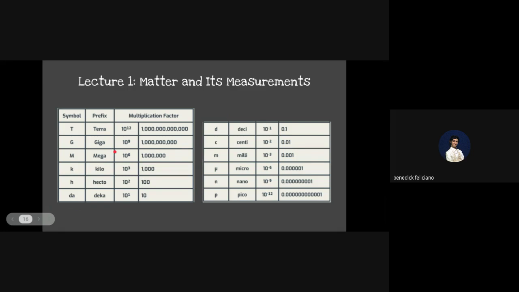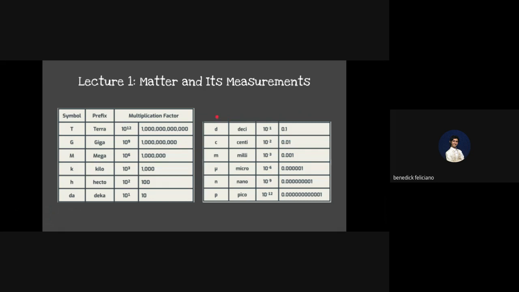You can hear it in a lot of ways, like instead of grams, we commonly hear kilograms. Instead of meter, we sometimes hear centimeter, millimeter, nanometer, and so on. So these are actually the basis. They have multiplication factors regarding the very basic unit.